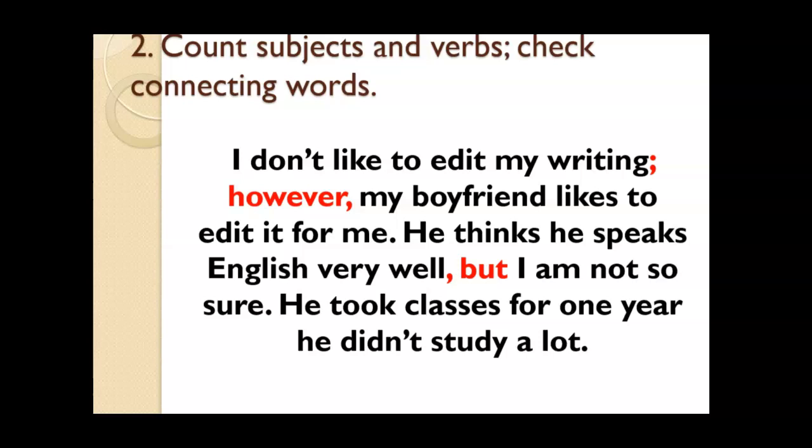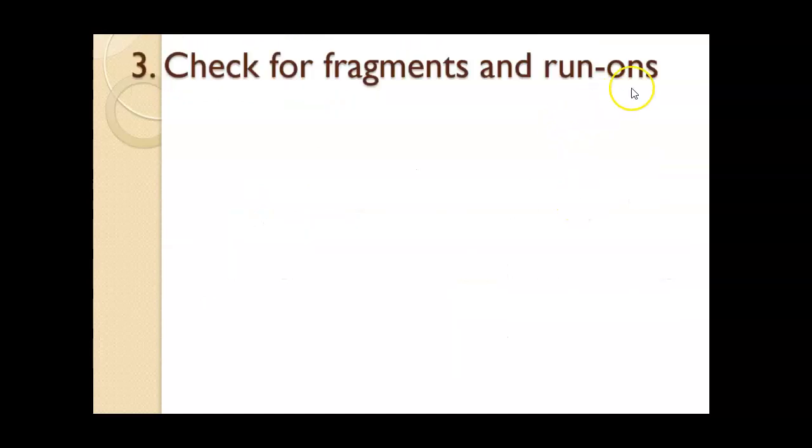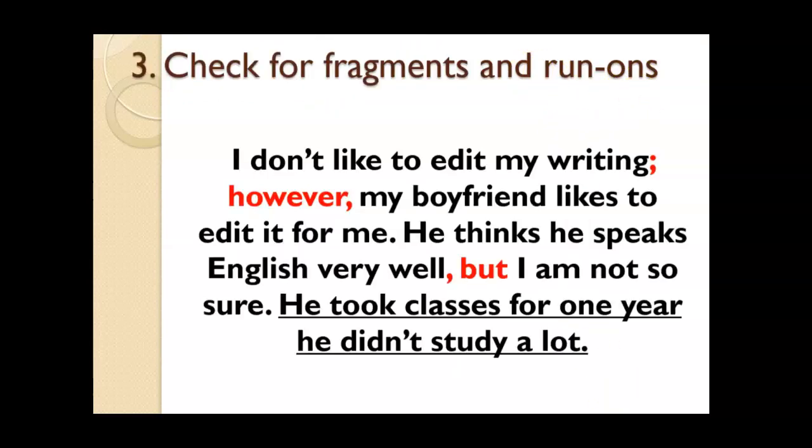It might be okay. That might be an okay way to fix it. But really, this is a contrast. He took classes, he didn't study. That's a surprise. We don't really want to use however again because we have already used it. And we don't really want to use but because we've already used it. So we could use a different connecting word to fix this run-on sentence.